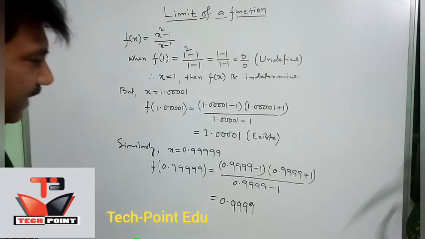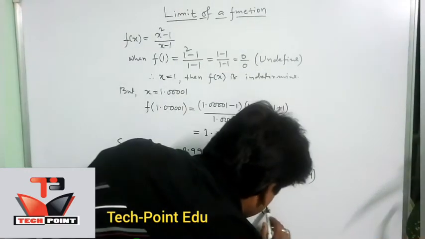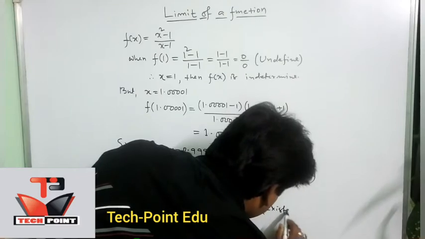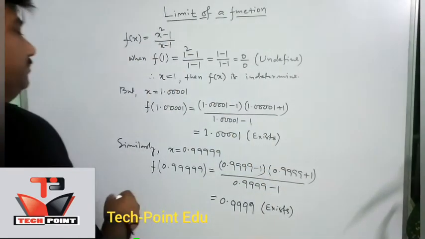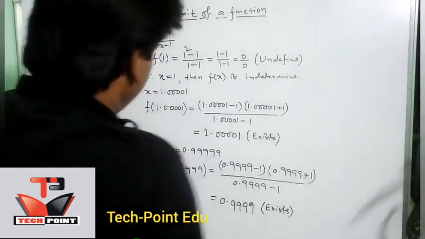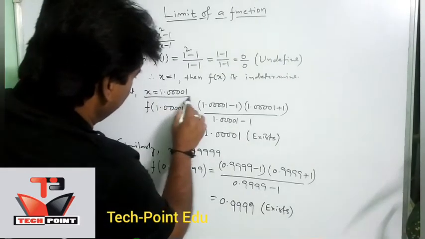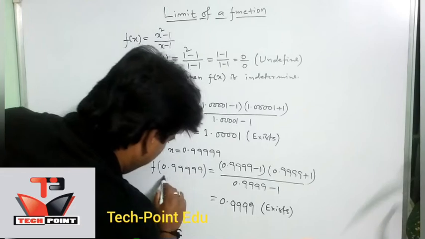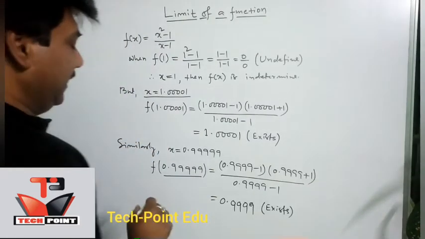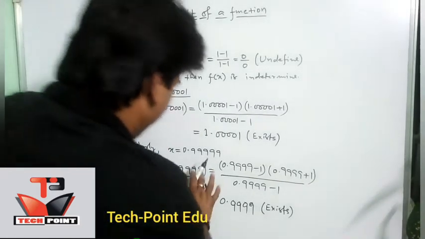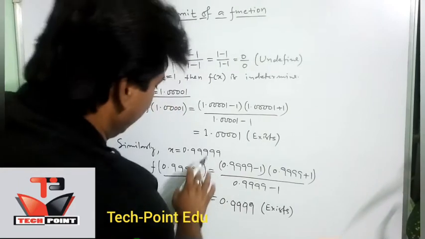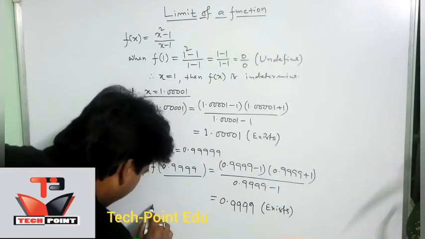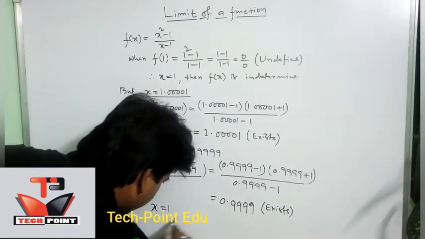This value you got. That means here also the value exists. From this concept, that means when x is equal to 1.00001 or x is equal to 0.99999, at that time we are getting values, but when x is equal to 1, there is no value.